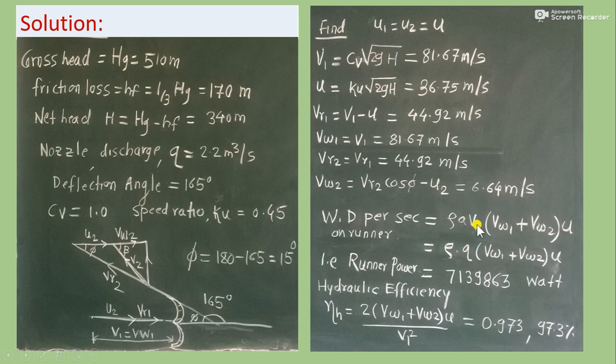Product of A into V1. So directly we can put the value of Q here and we get runner power, that is in watt. Hydraulic efficiency, we use the formula in terms of whirl velocities, because in the calculation we have already calculated Vw1 and Vw2. So here hydraulic efficiency we get in percentage.